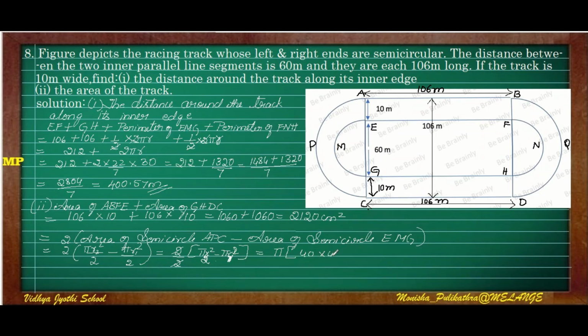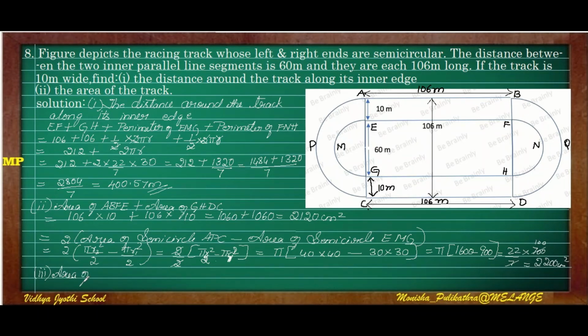So the inner radius is 30. From here to here the radius is 30 plus 10, so the outer radius will be 40. So outer radius is r2 and inner radius is r1, 30. So we will get pi into 1600 minus 900. So pi is 22 by 7 into 1600 minus 900, which is 700, which is equal to 2200 centimeter square.